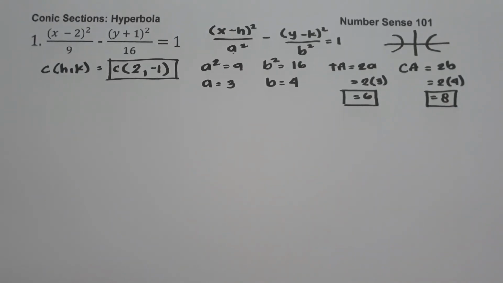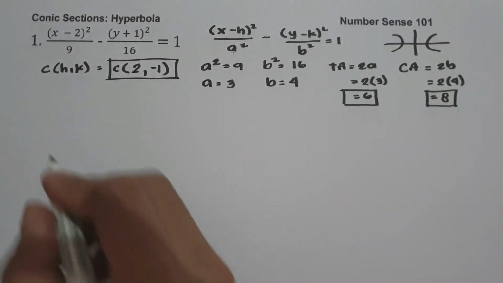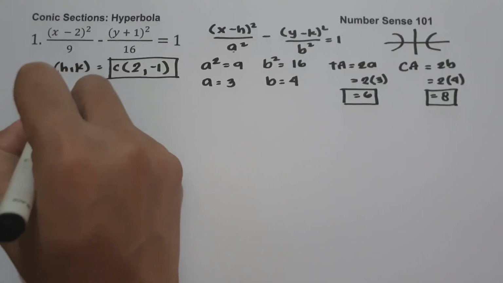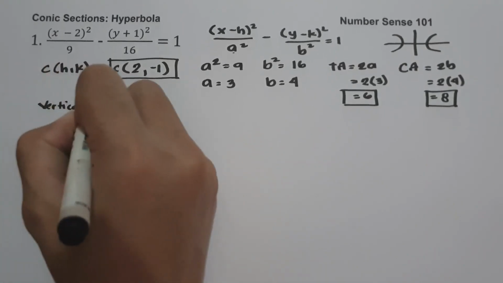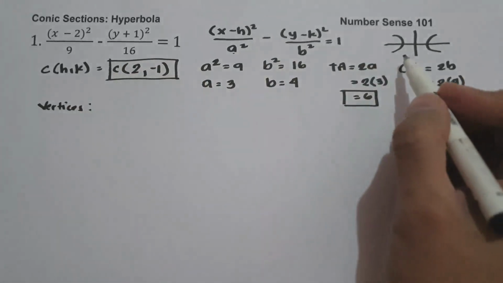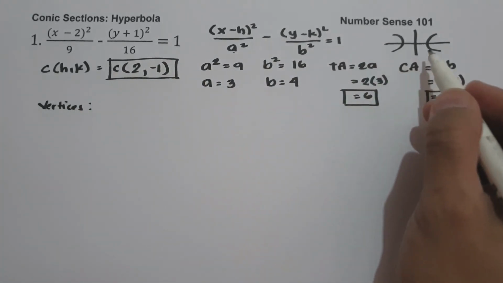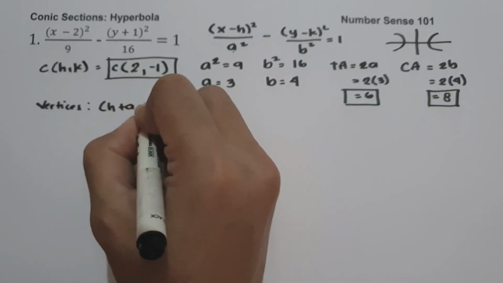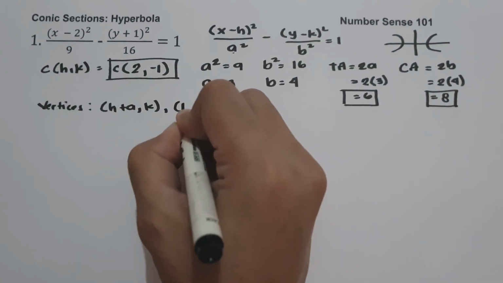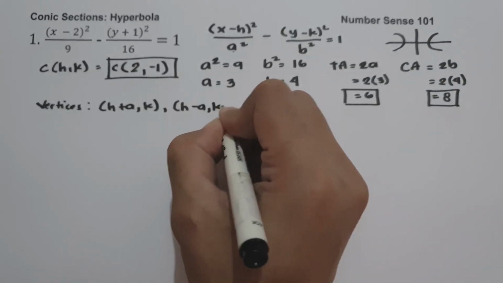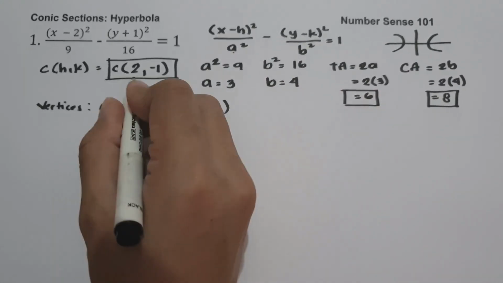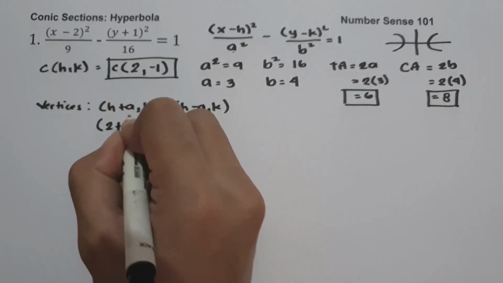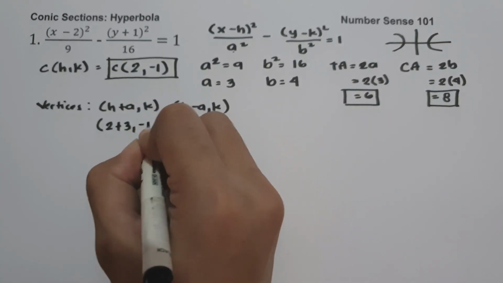So let us determine the coordinates of our vertices. Since our hyperbola is horizontally oriented, we are going to have (h plus a, k) and (h minus a, k). So let us have the value of h, that is 2, plus a, that is 3, and then negative 1.